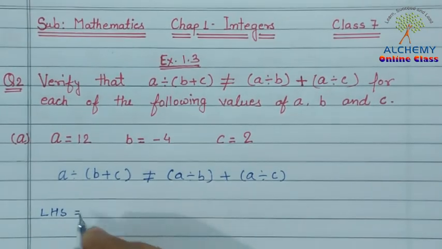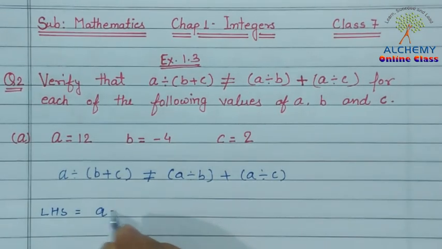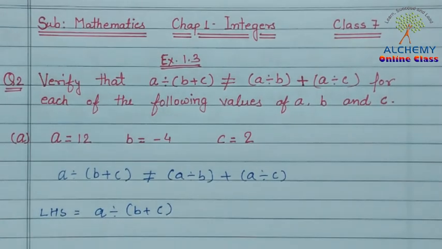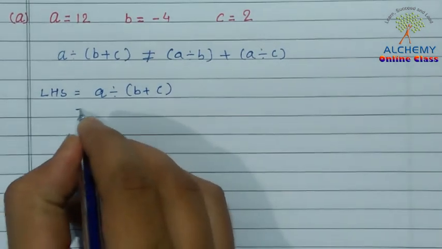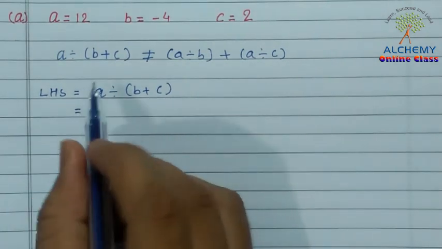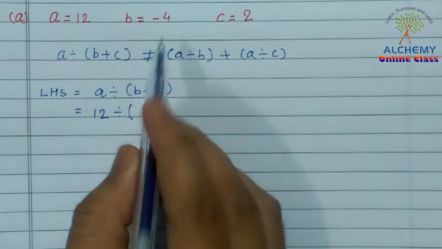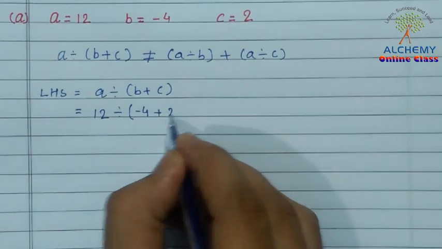Find the value of the left hand side. So what is the left hand side? Left hand side is a divided by (b plus c). Put the values of a, b and c in the question. So when we put the values, a is equal to 12 divided by (b is equal to -4 plus c is equal to 2).